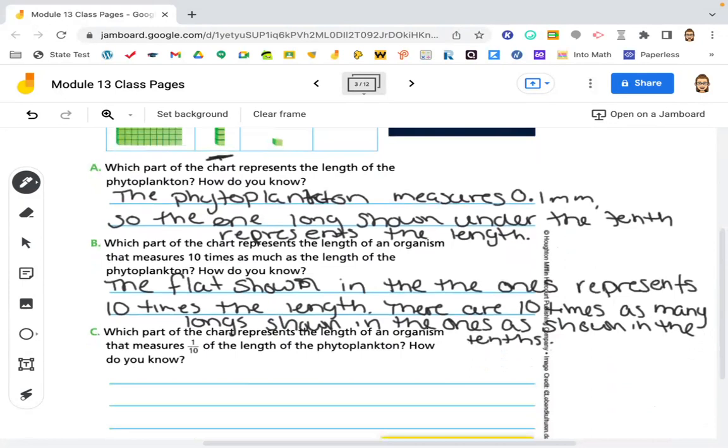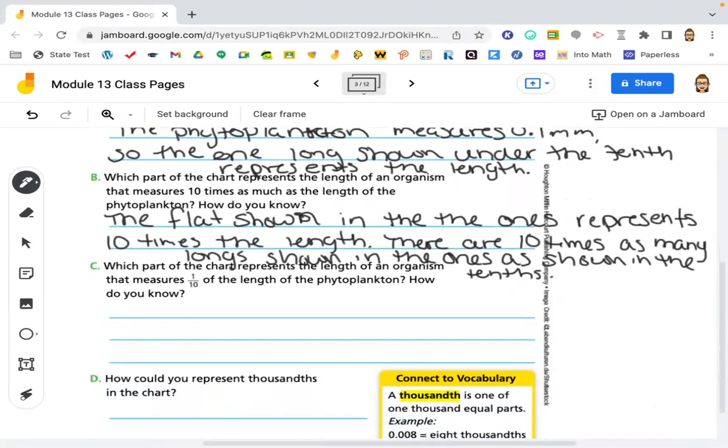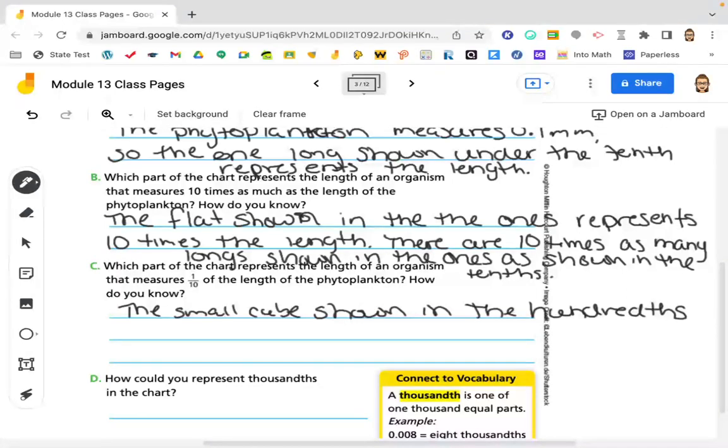So that would mean the small cube shown in the hundredths represents 1/10 of the length.